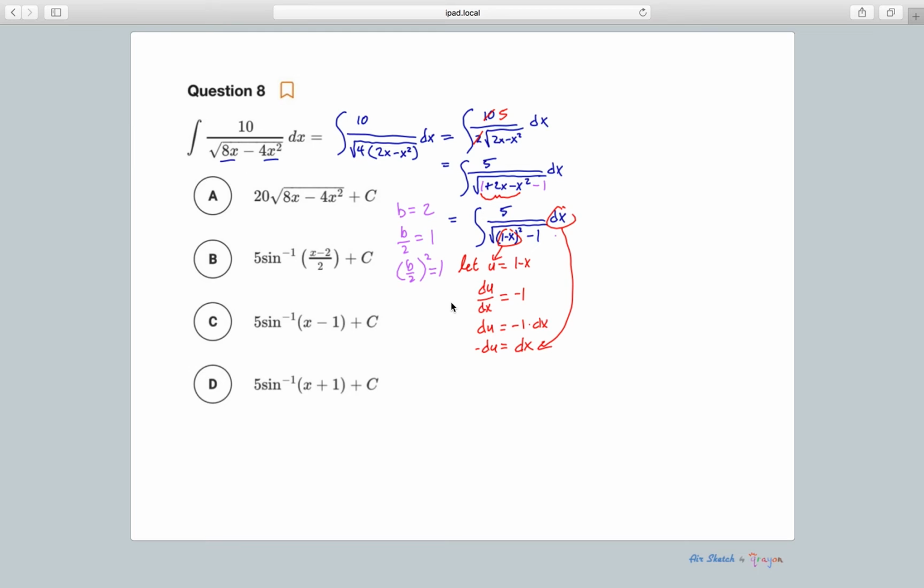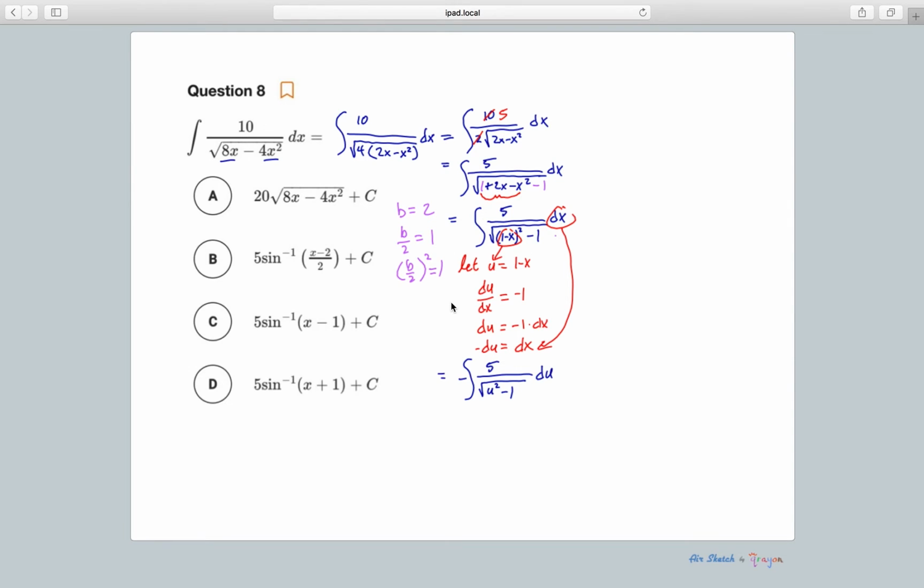All right, so let's write out our new integral. So it's going to be the integral of 5 over root u squared minus 1 du.